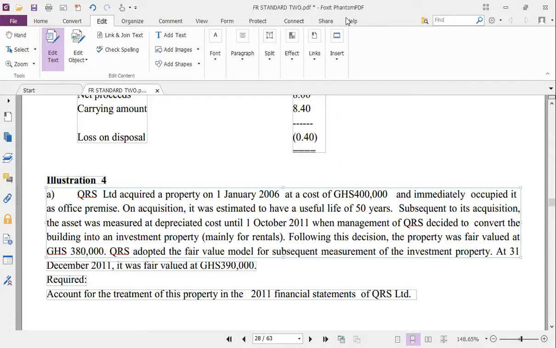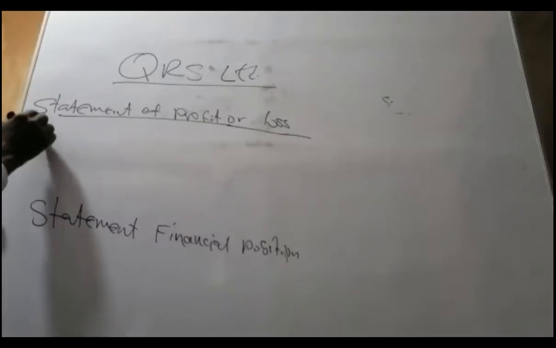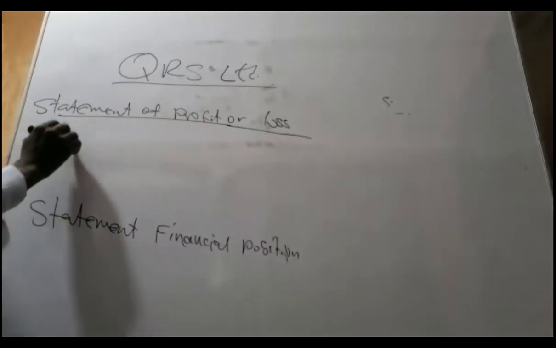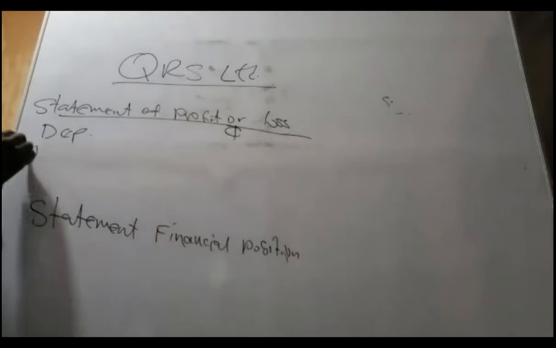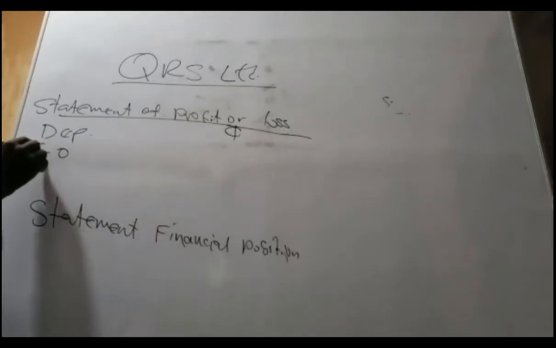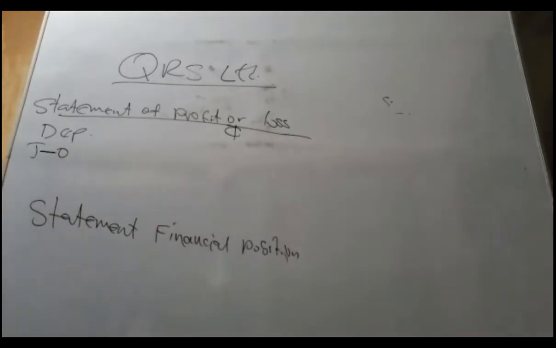So depreciation, that's the first one I'll calculate. But here, I have to calculate from where? January to October, how many months? 10 months, right?